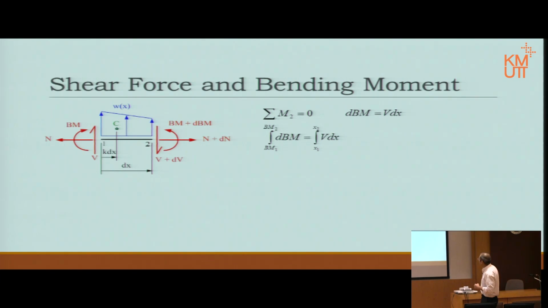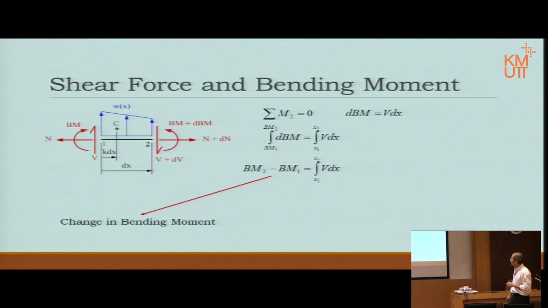Now, on the left hand side, of course, it becomes M2 minus M1, or sometimes we call it the difference between the two values. So this one here means the change in bending moment, of course, because we measure from 1 to 2. When we use the differences, we have the change between the two, right? Equal is of course equal, nothing more.